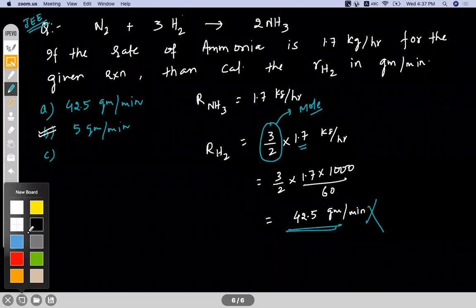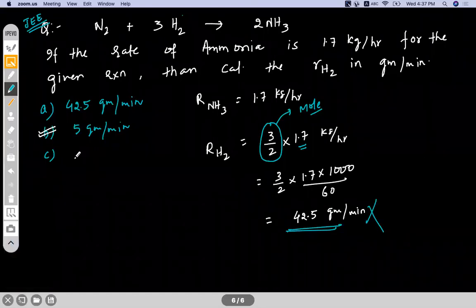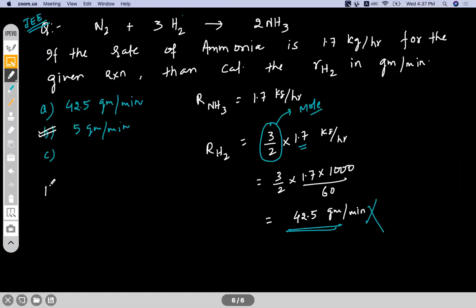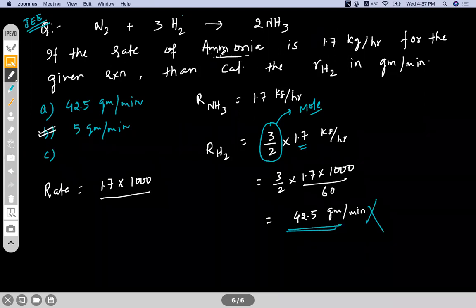Wait, so how do you convert it into moles per minute again? See, I'll do that. What is given? Rate is equal to 1.7 kg, right? So first of all, we convert this into grams. 1.7 into 1000, it is gram. Mass divided by molecular mass. Molecular mass of what? This 1.7 is given for NH3, ammonia. So molecular mass of ammonia, 17. So this becomes mole, right?